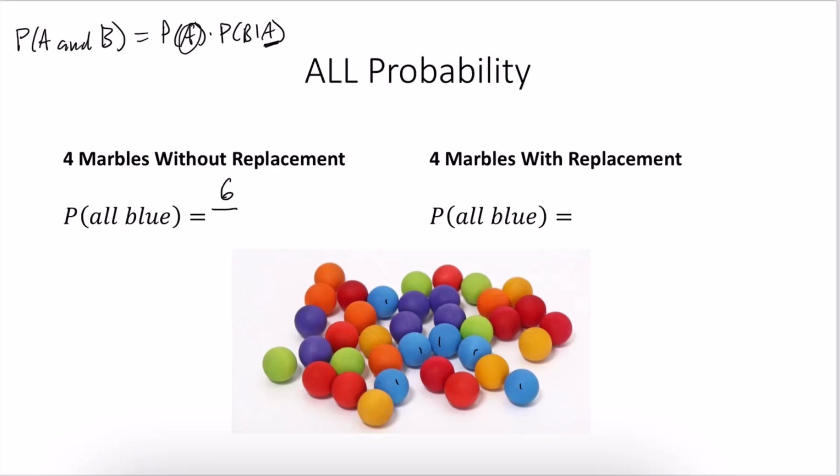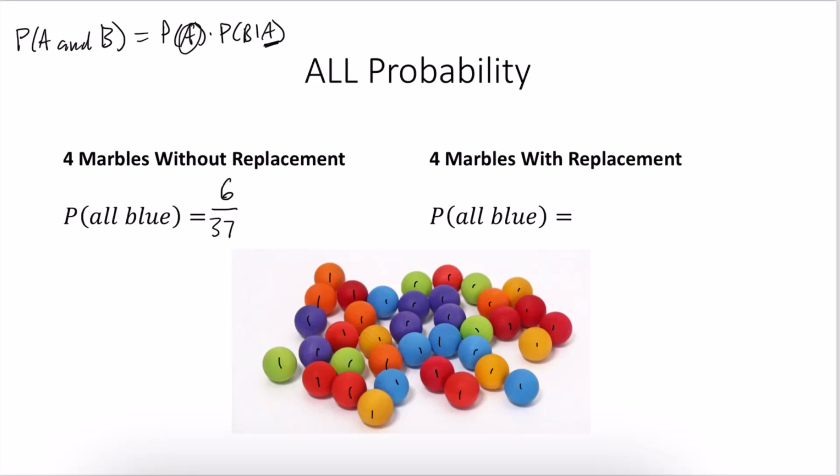And in total, we have those 6 marbles plus 7, 8, 9, and so on, up to 37. So there's 37 marbles in this whole group of marbles, and 6 of them are blue. So this is the probability of the first marble being blue.